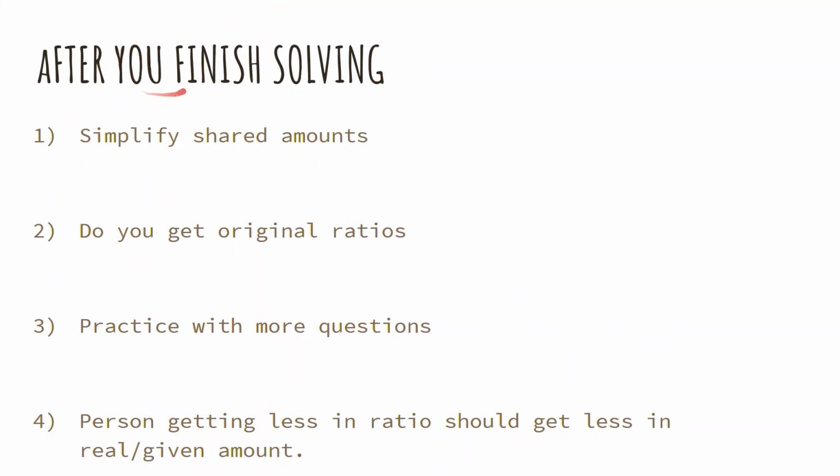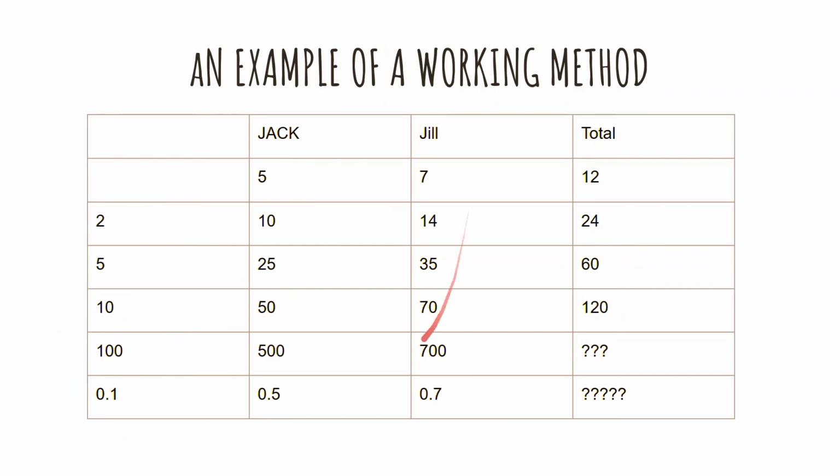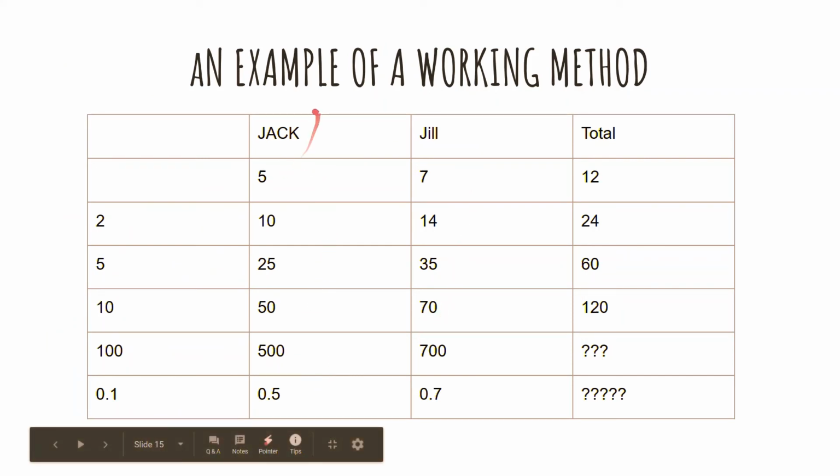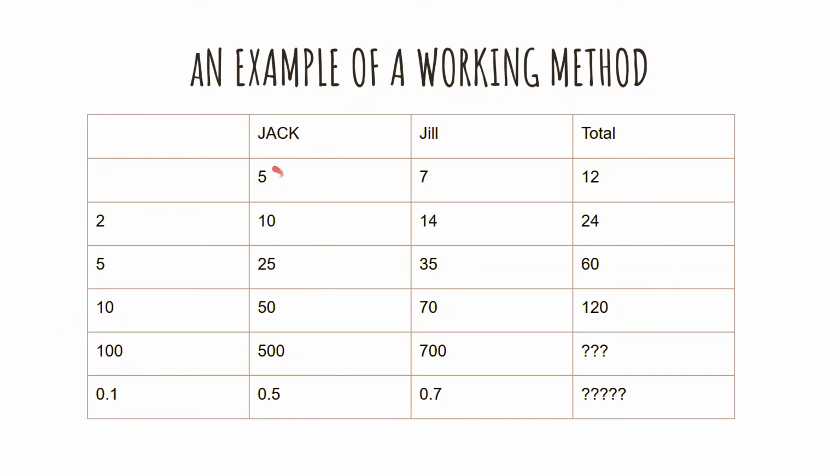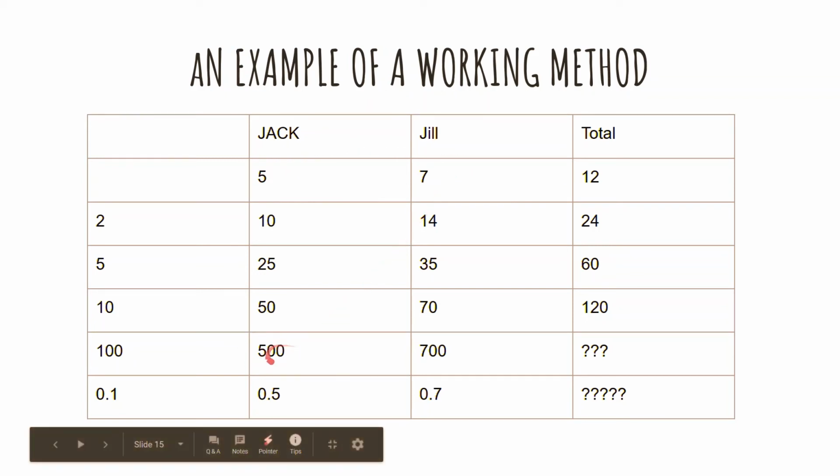After you finish solving a question, you could ask yourself, how do I find out if my answer is correct? If you're supposed to simplify the shared amounts, for example, if the ratio for Jack and Jill was 5:7, and you're only given 500, what would Jill have?